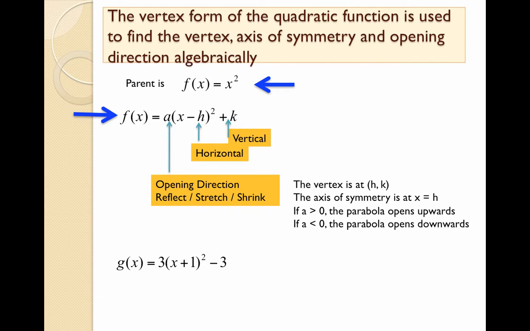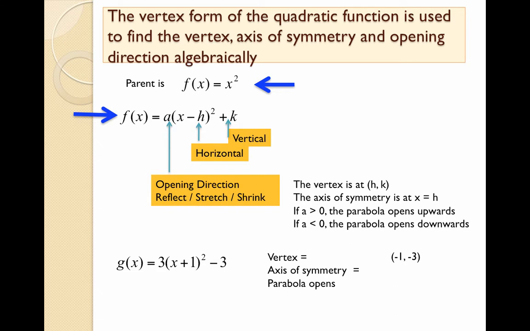G of x. So let's take a look and see if we can figure out the vertex, the axis of symmetry, and which way the parabola opens. So for the vertex, we have to find h, and h you can see is -1, and we have to find k, and that is -3. So h, k tell us how far away from 0, 0 we are. Well, we're 1 to the left and 3 down from 0, 0.